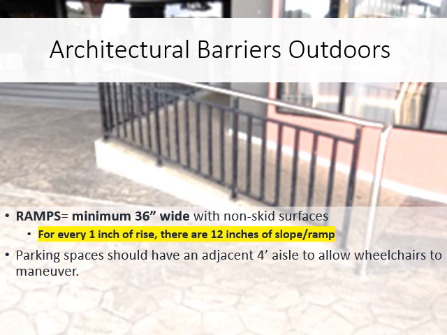Another consideration outdoors is, of course, parking spaces. So when we're parking and need to get a wheelchair out, there should be at least 4 feet of an aisle next to the parking space to allow the wheelchair user to get in and out of the vehicle and to maneuver.